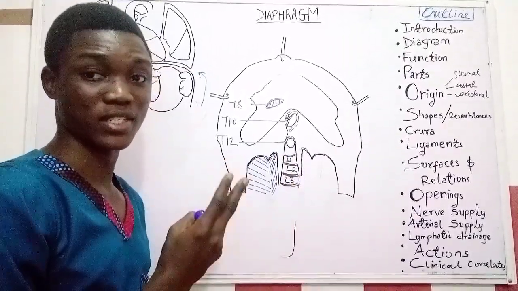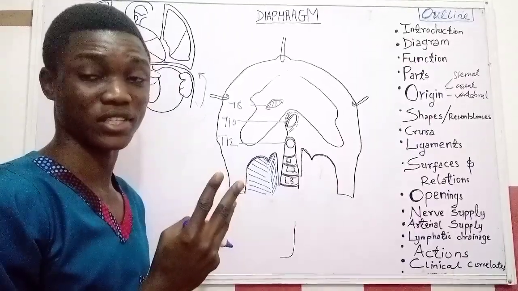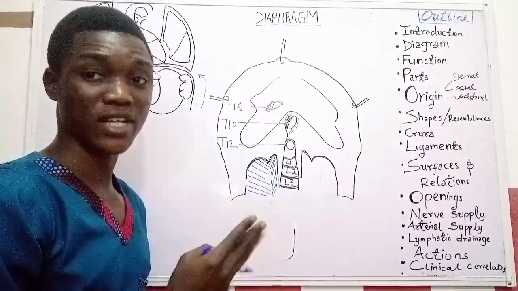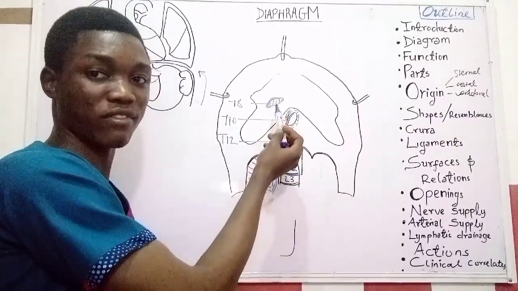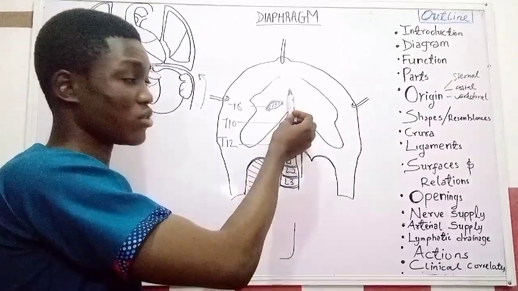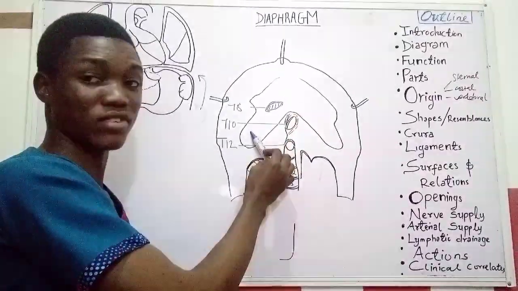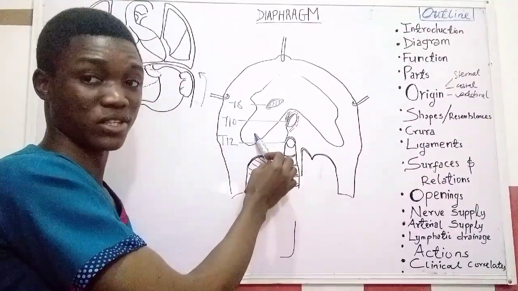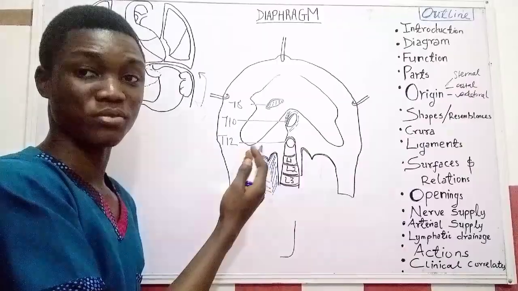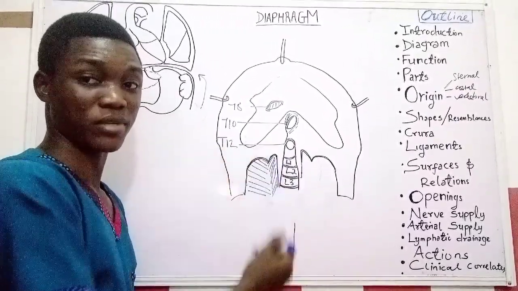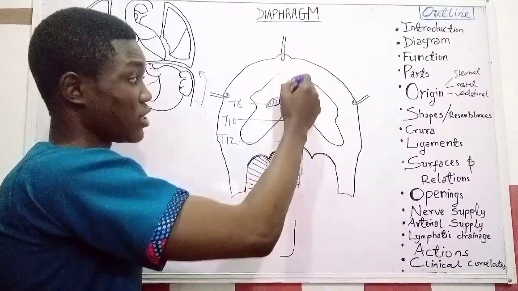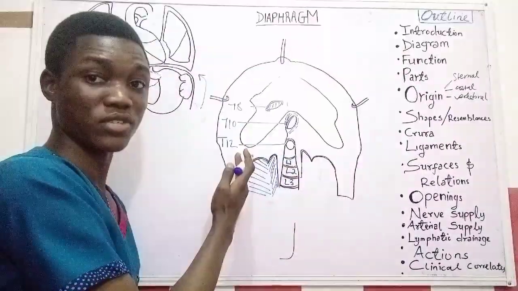The central tendon has 3 leaflets: the anterior central leaflet, and the right and left posterior leaflets. So the vena cava opening lies between the anterior central leaflet and the right posterior leaflet. It lies slightly to the right of the median plane. The median plane is located somewhere here, so it is slightly to the right of it.